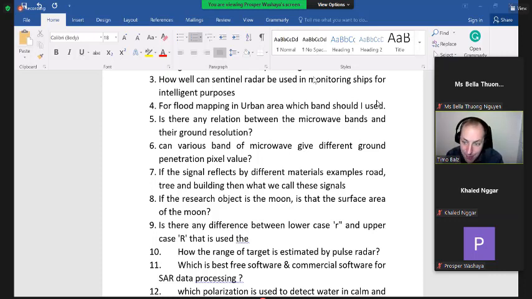Is there any relation between microwave bands and their ground resolution, right? I went into that a bit, and I did not show you that slide. I had that slide in another presentation. I cut it down a bit. Yes, it is about the bandwidth. So your resolution in range depends on the bandwidth. That's how many megahertz of the band you can use.